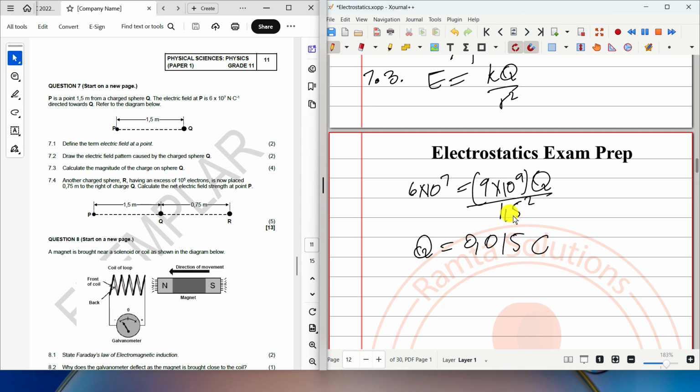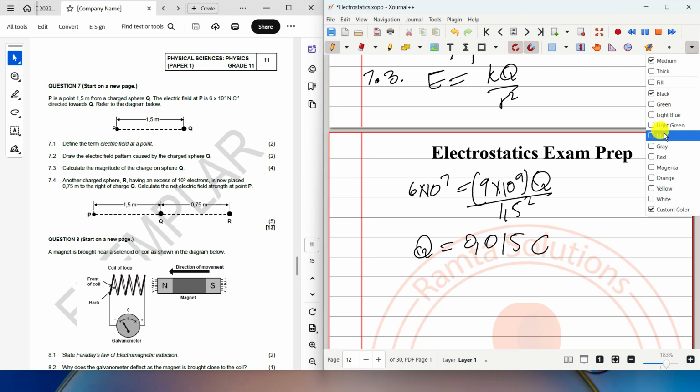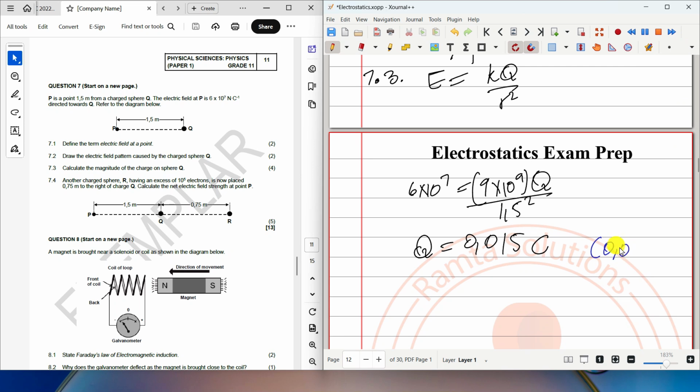I can leave it like this, but we can also leave it as 0.02 coulombs because we work with 2 decimal places. But I'm going to leave it at 0.015. Okay, all right. Now let's see 7.4.